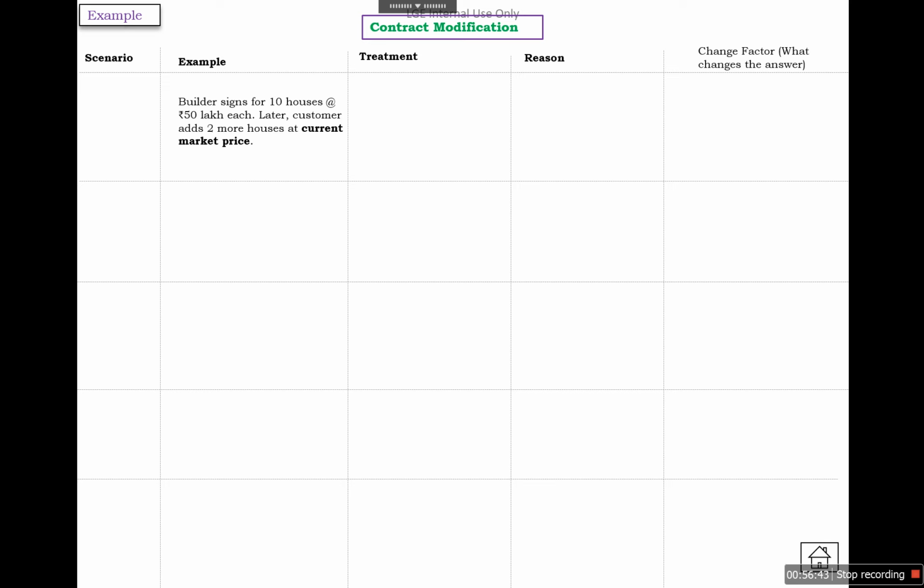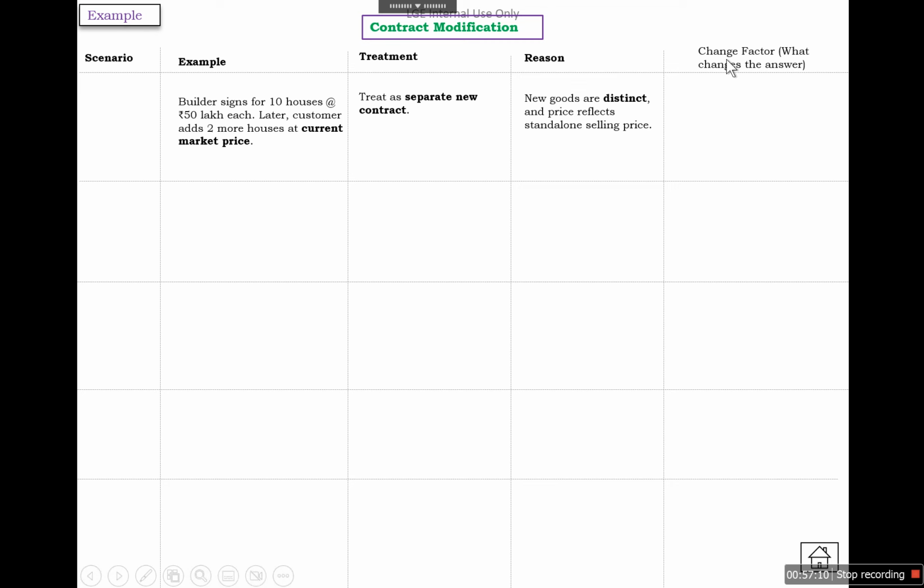There is no high interdependency in the context of the contract either. So two conditions are satisfied, and it is at a standalone price because it is mentioned that it is the current market price. So the treatment will be a separate new contract. The reason is the goods are distinct and at a standalone price.